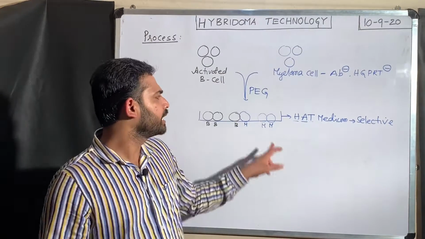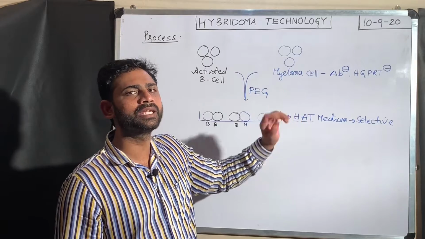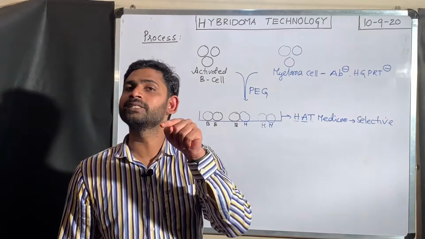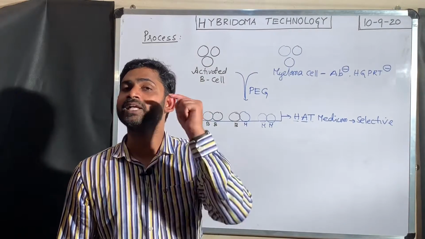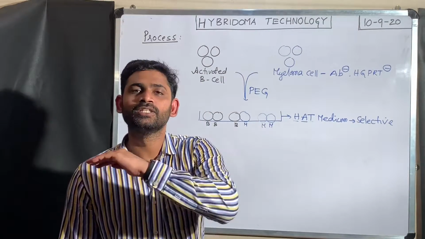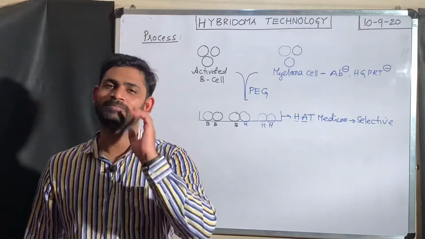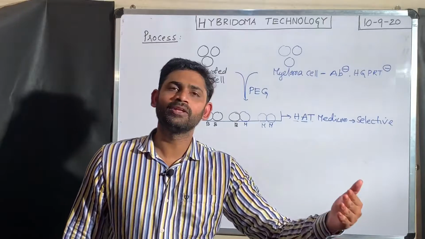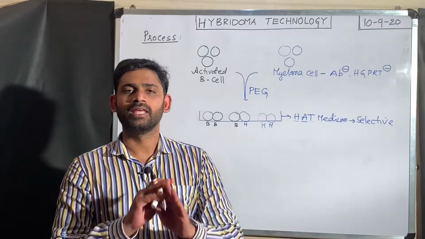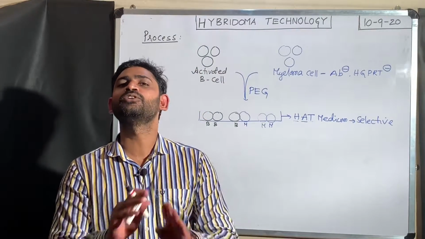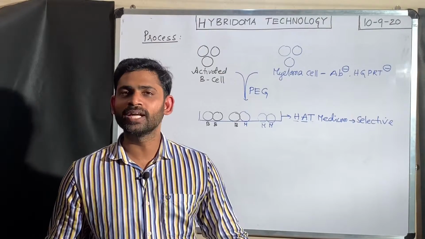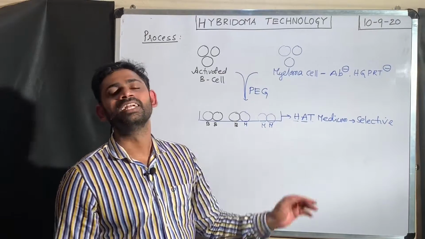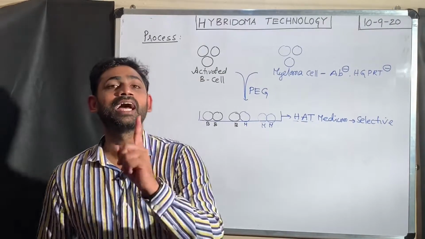The next thing is that the medium contains a selective agent, aminopterin. This aminopterin inhibits which enzyme? DHFR. When there is no DHFR, what results? There is no de novo pathway either. That means these myeloma cells can synthesize nucleotides by neither the de novo pathway nor the salvage pathway. If there are no nucleotides, there is no nucleic acid. That is why myeloma cells cannot survive in this HAT medium.